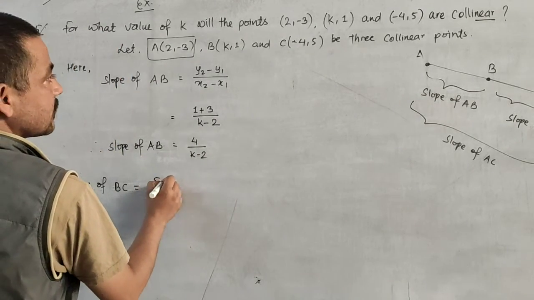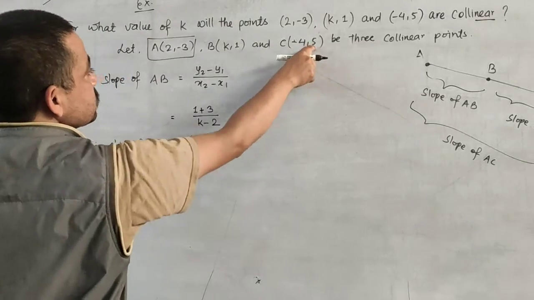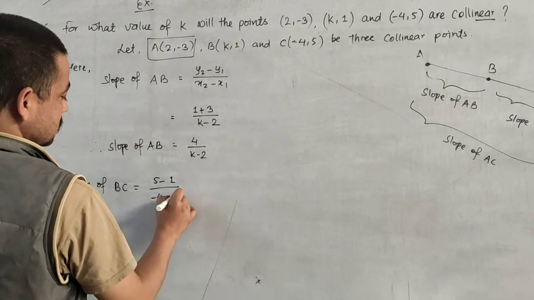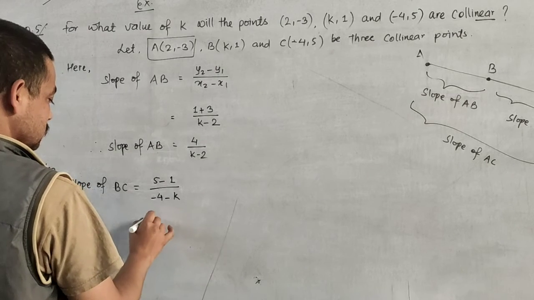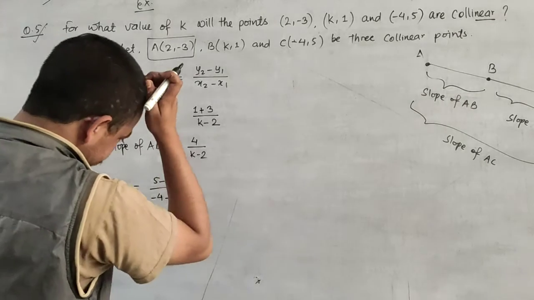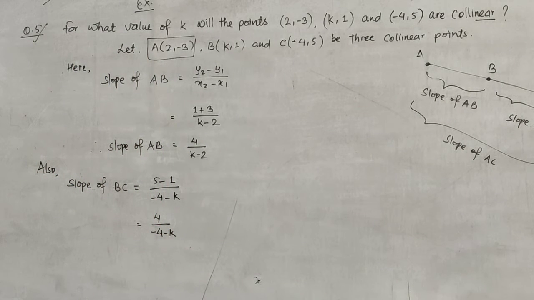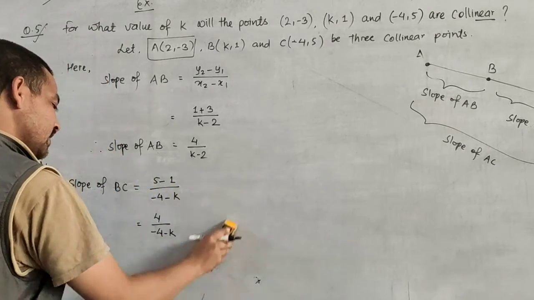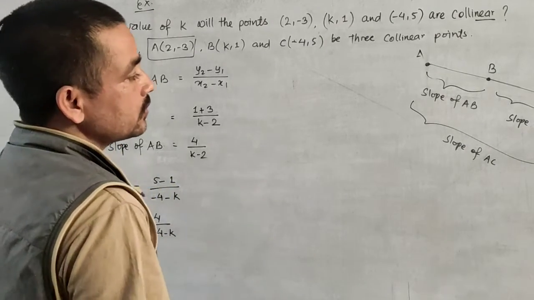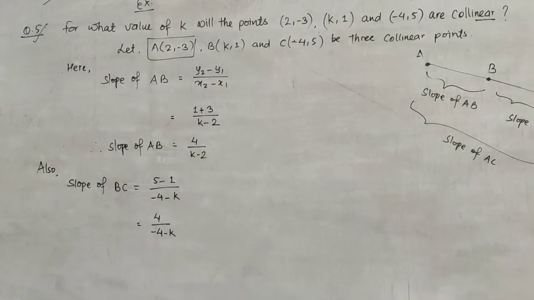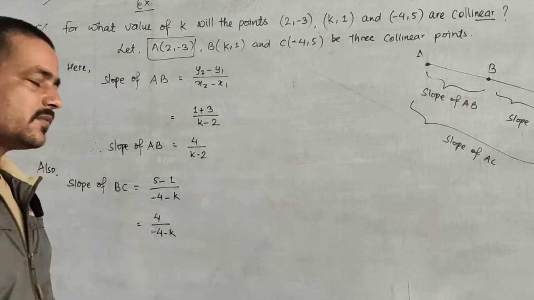So 5 minus 1, that is y2 minus y1, upon x2 minus x1, so 4 upon negative 4 minus k. They are equal. To make it easier, if we took the slope of AC it would be easier, but let it be. I have used BC.